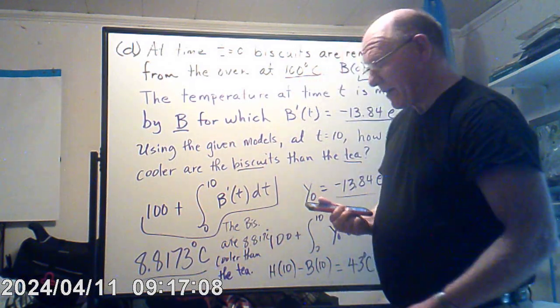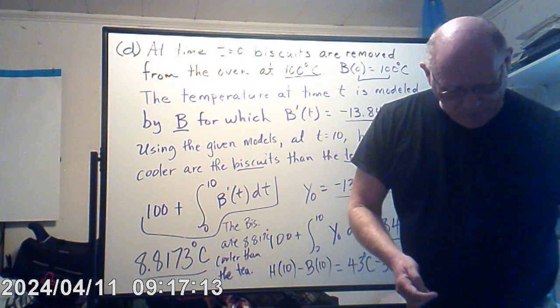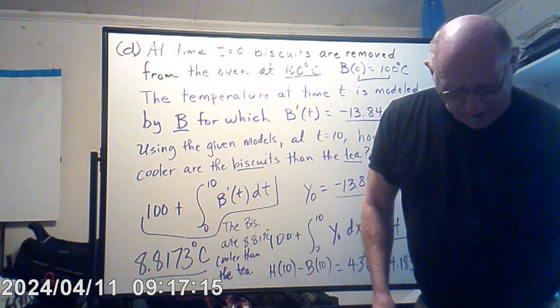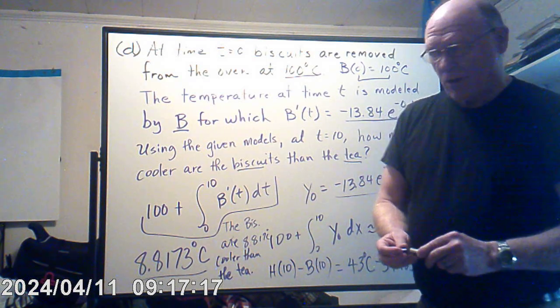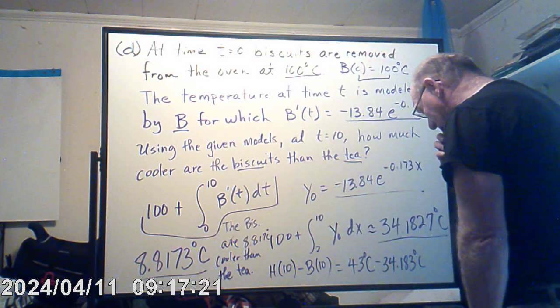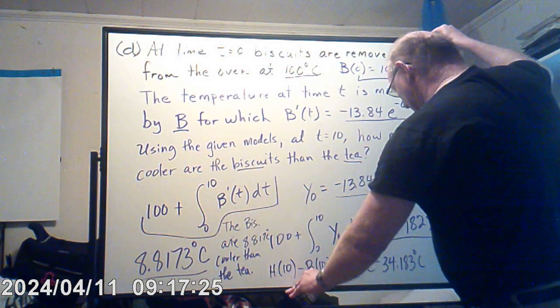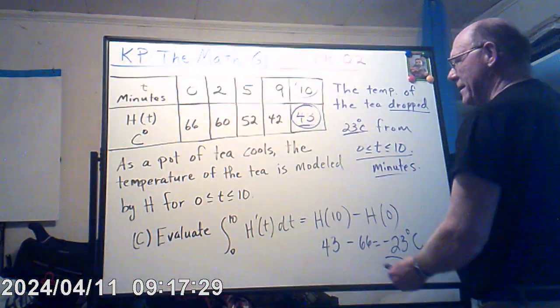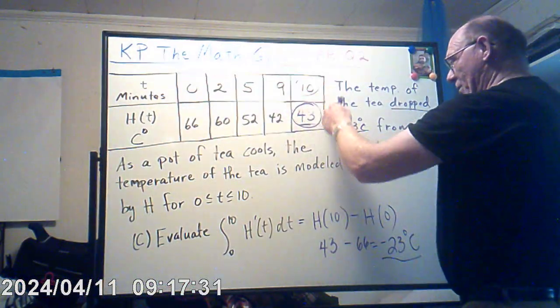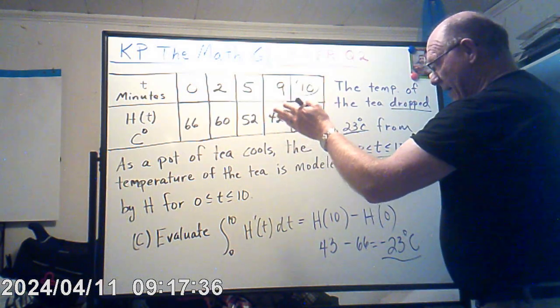Alright, that's it right there. Now I knew I was just looking at this all wrong. I apologize. I have both answers on my calculator, which is really on my phone. So what you're doing, once again, just to make sure we have that, at t equals 10, the temperature of the tea is 43, not the biscuits.